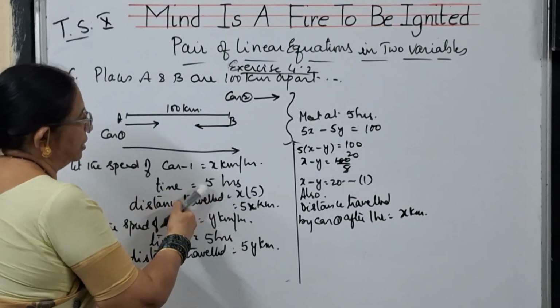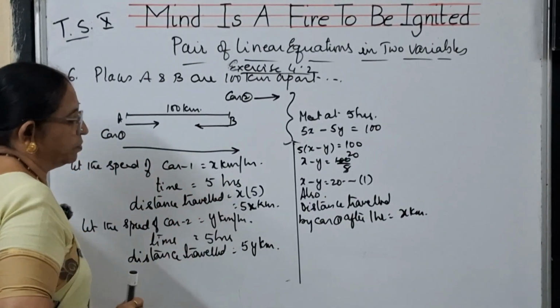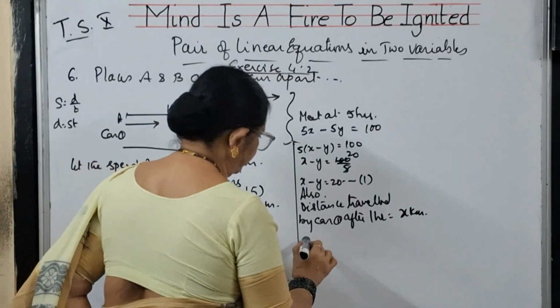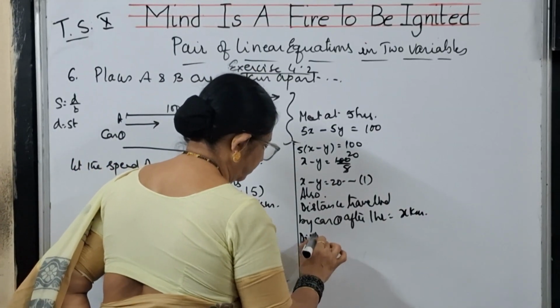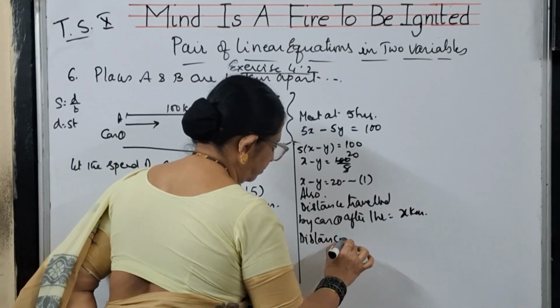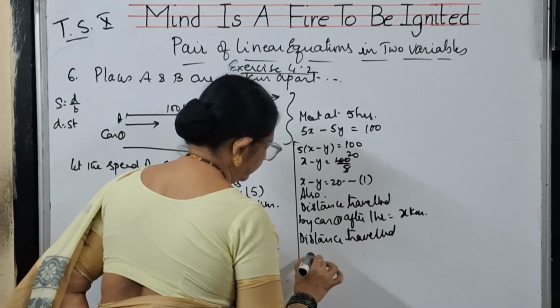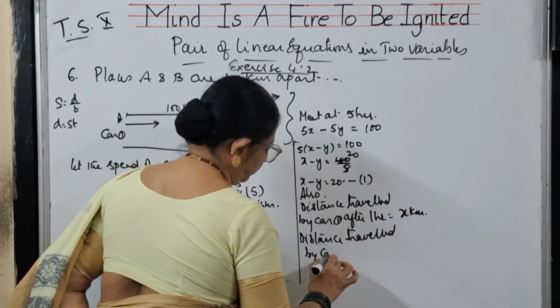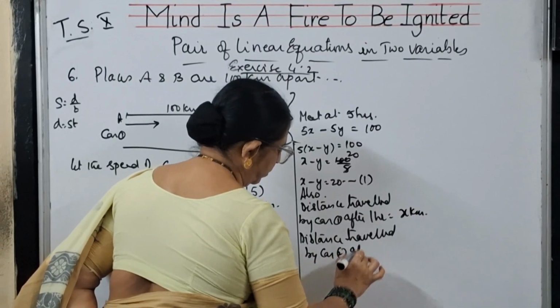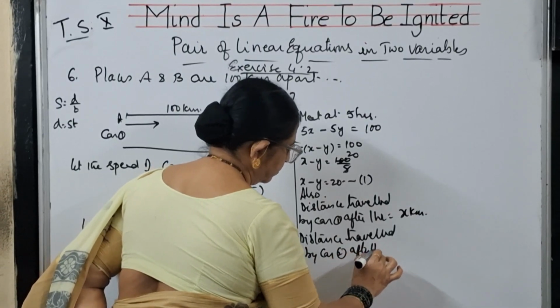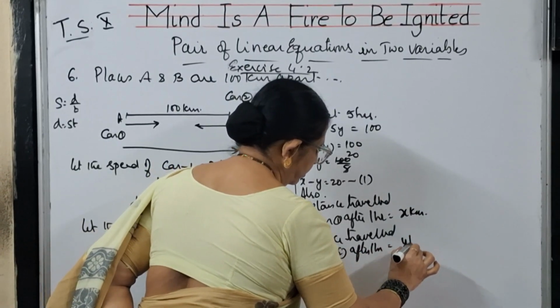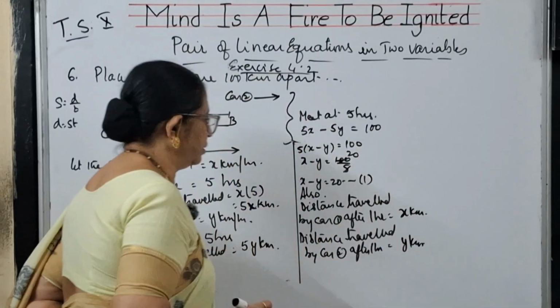Speed is x, time is 1 hour. And distance traveled by car 2 after 1 hour is nothing but y kilometers.